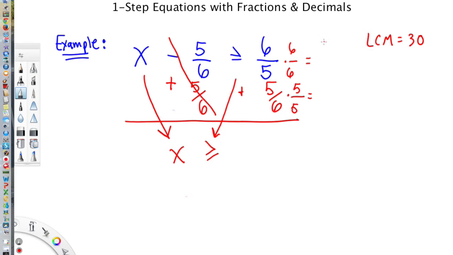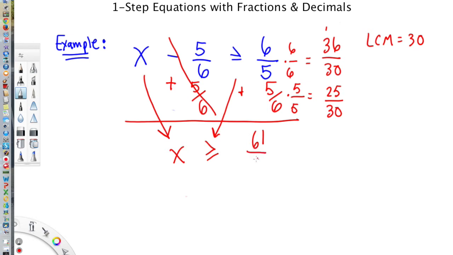But I do end up getting 36/30ths for my original fraction, and I get 25/30ths for the fraction that I'm adding. When I add these two together, 36 and 25, let me see, 6 and 5 is 11, so carry the 1. And then I have 1 and 3, which is 4, plus 2 is 6.